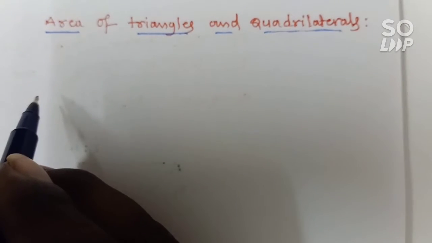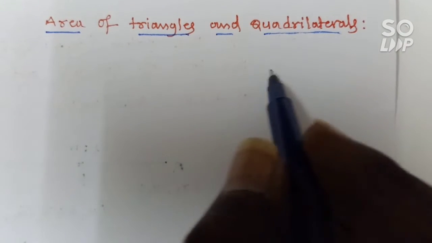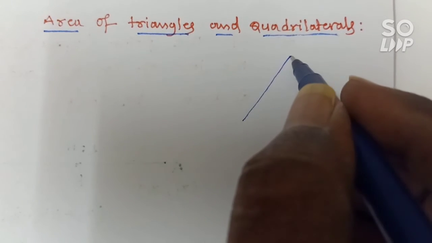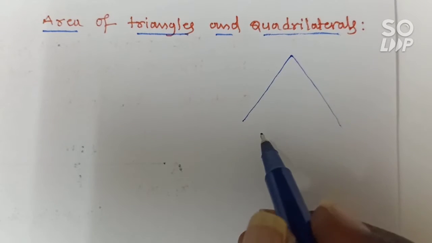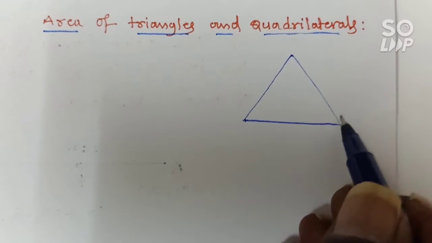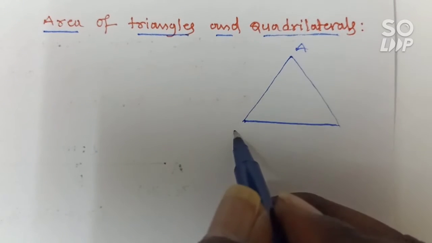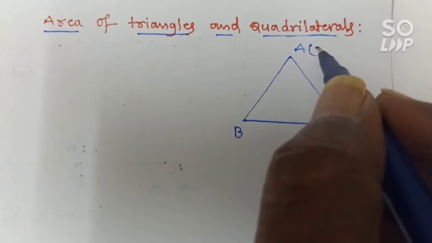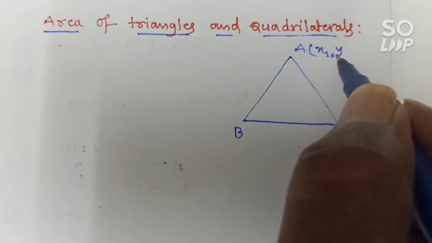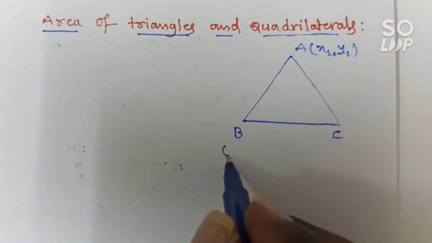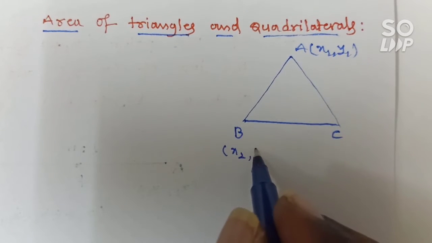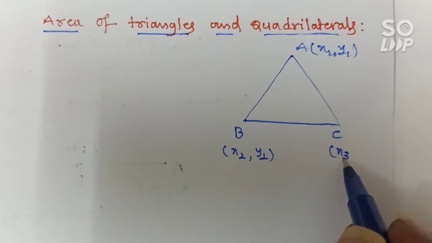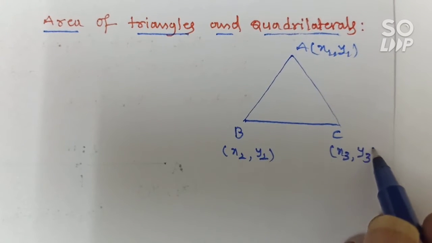Suppose the triangle is ABC, and the vertices are (x1, y1), (x2, y2) and (x3, y3).